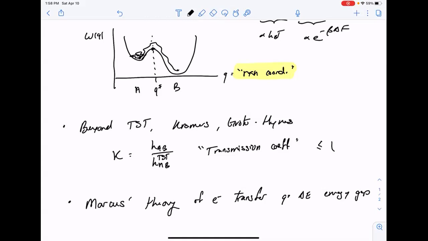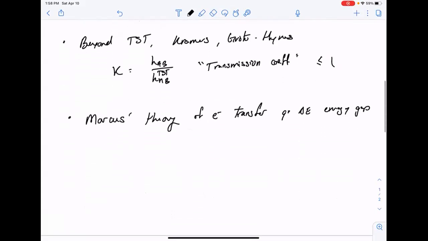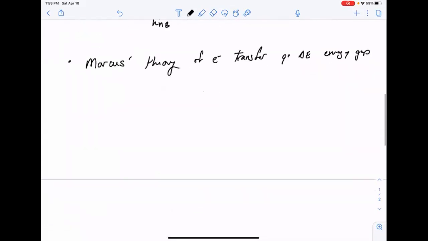So what I want to talk about today is how do you determine more generally what the reaction coordinate is?